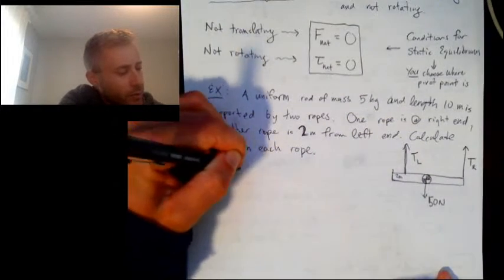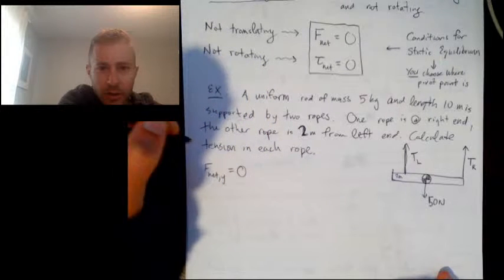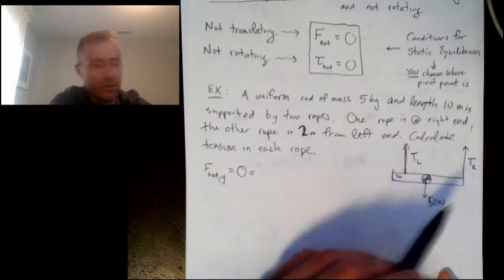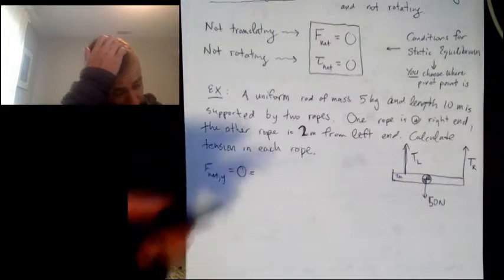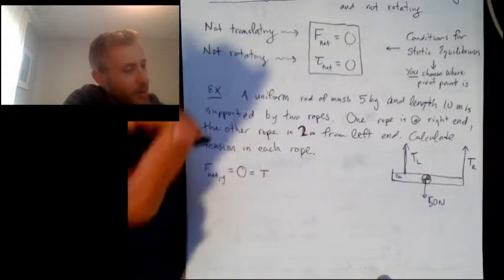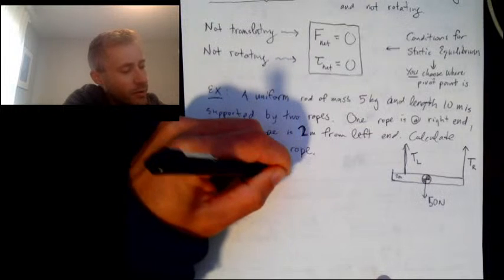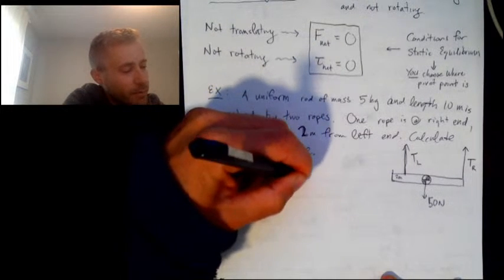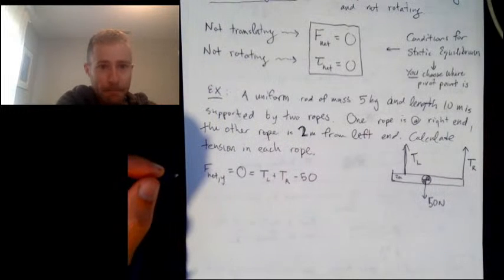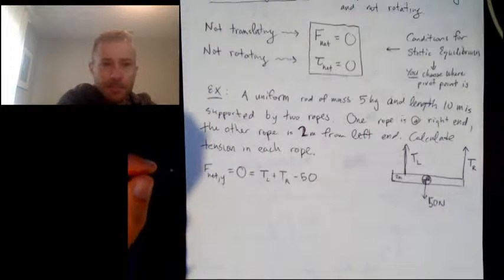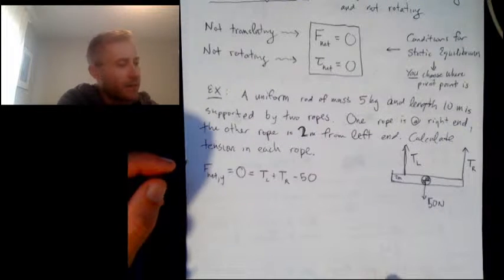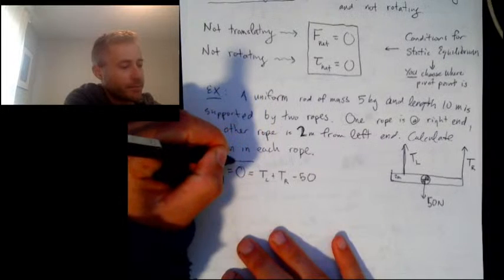And there are 2 up forces and 1 down force. So T sub L plus T sub R are the 2 up forces, and the down force is 50. So that is our first equation.